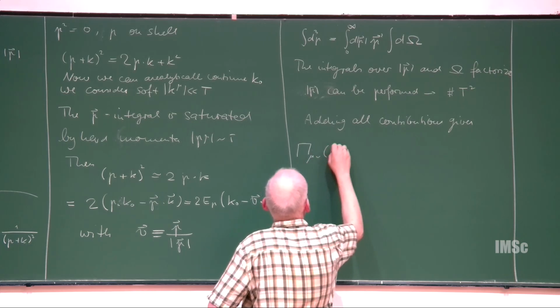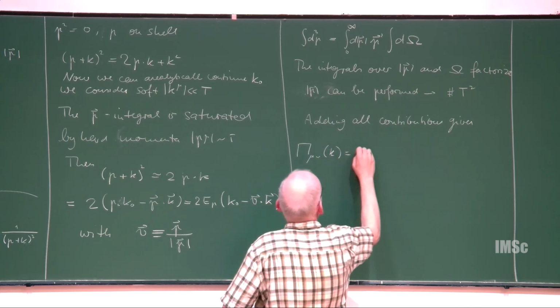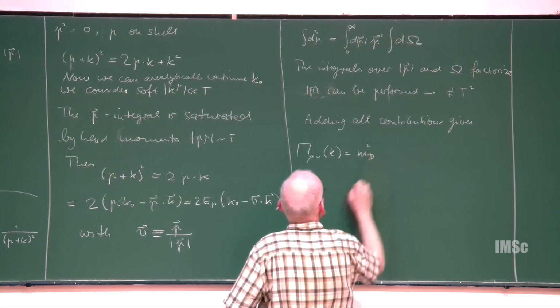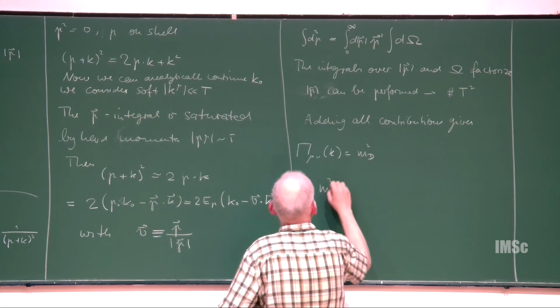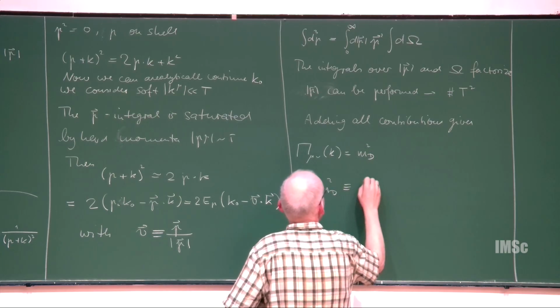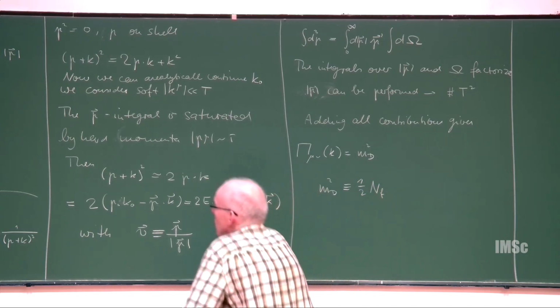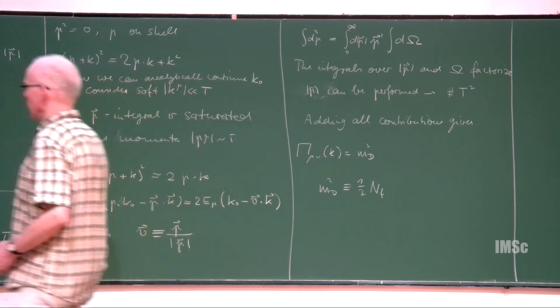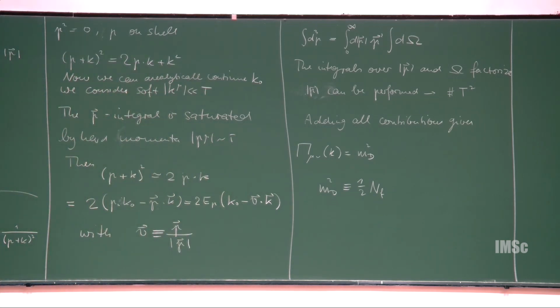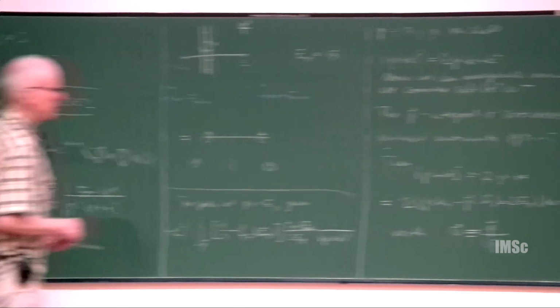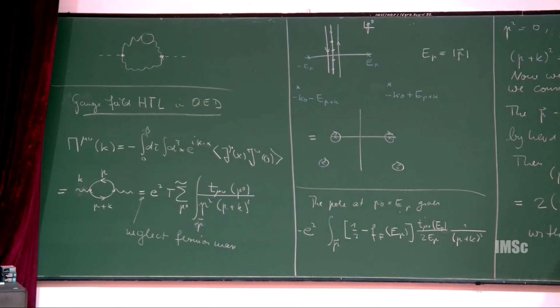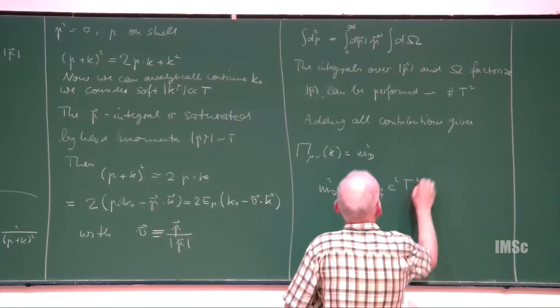Pi mu nu of k is the thermal mass, which in this case is called the Debye mass. It's 1/3, and then in principle, if you have several flavors of fermions, it's the number of flavors times e squared T squared.